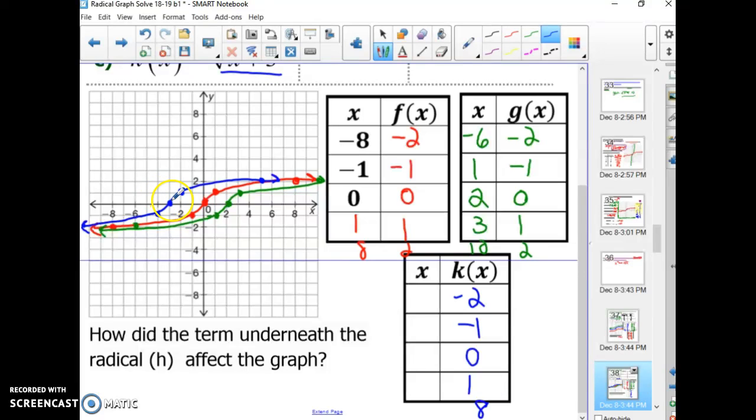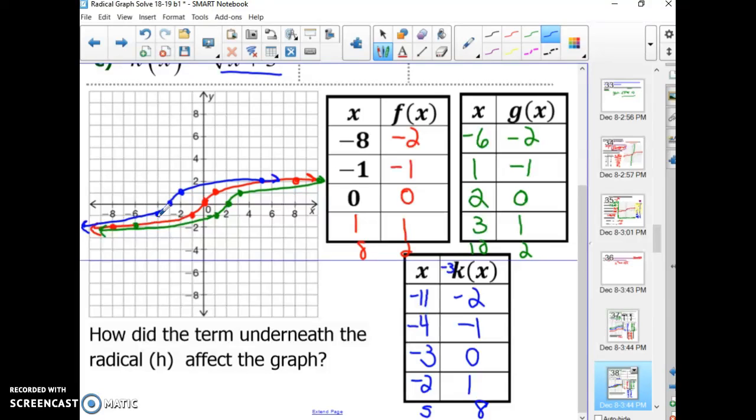So at 0, it was a -3, right? -2 to give me my 1. Over here, that was at a 5. So it's like I'm taking away 3 from x values. -8 minus 3 is a -11. -1 minus 3 is a -4. And that's what matches up with that one. So I have those all plotted.